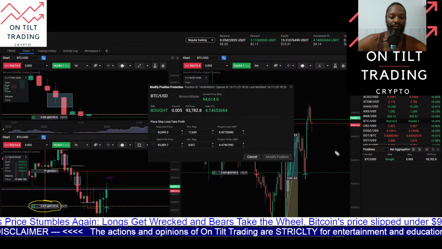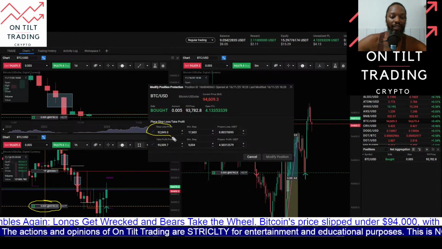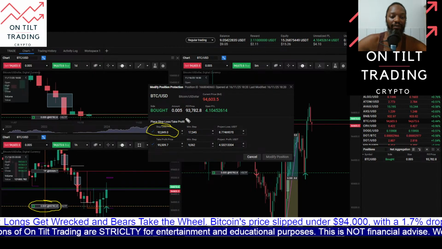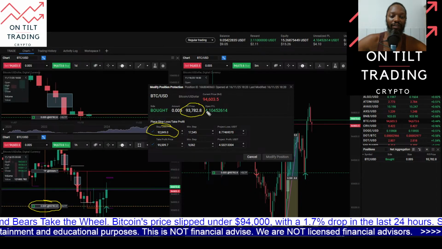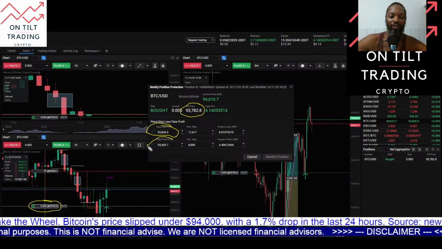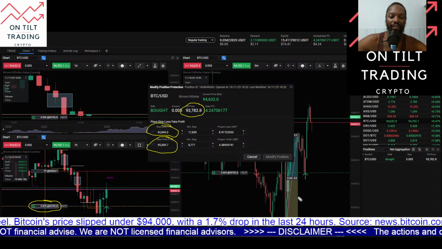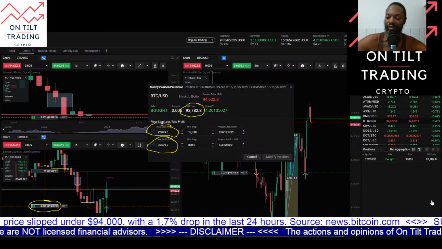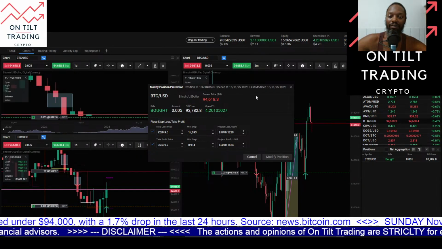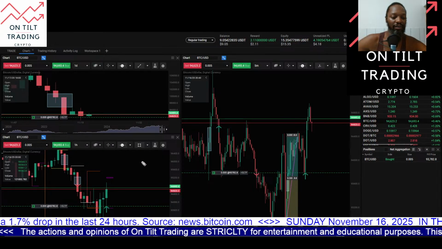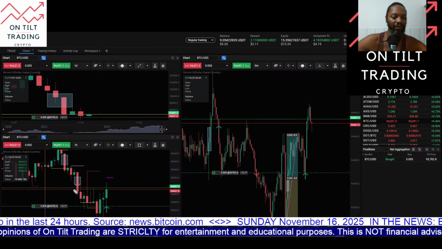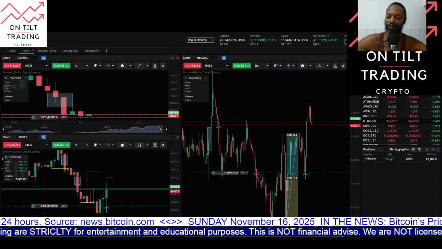Stop loss is here at 92,849. Entry price here 93,782.8, and take profit at 95,509.7. So this trade is a 1.75 to 1, just about.